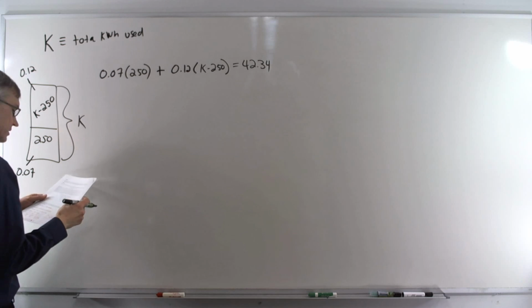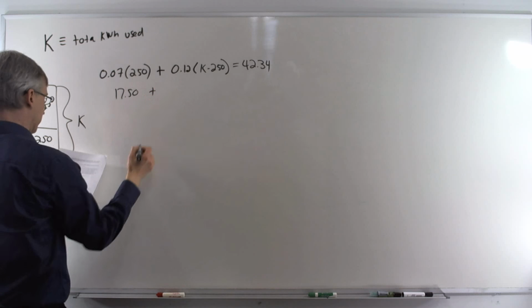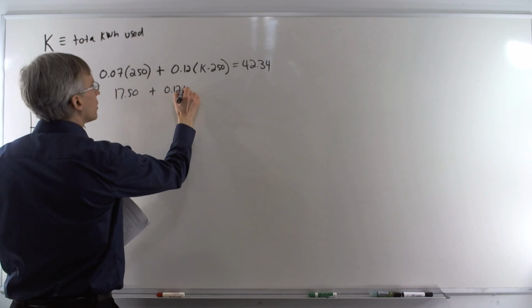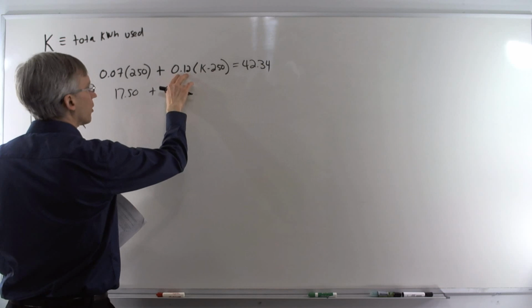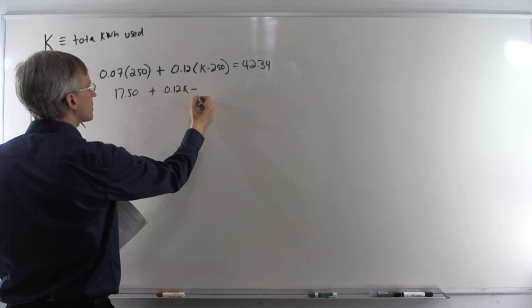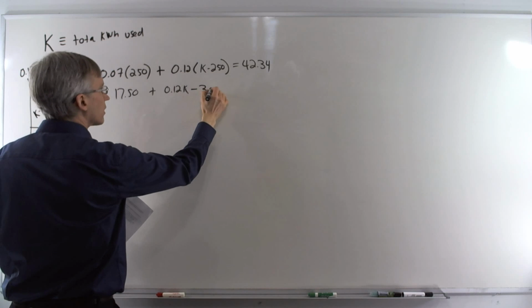So let's multiply these things out. Multiply these out to get 1750 plus, now we'll distribute into here. 0.12 times K is 0.12K minus 0.12 times 250, that's 30.